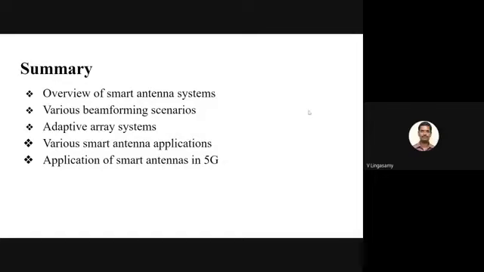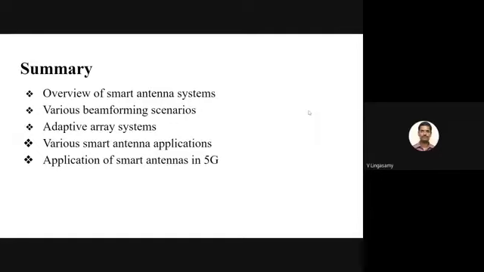So now, we started with the introduction of smart antennas, then various smart antenna systems, and we have seen traditional cellular systems, and then beamforming networks, and then we saw the switched beam, adaptive beam, and the SDMA based approach, and how we are achieving this adaptive beamforming with the help of a planar array, and how we use this smart antenna technology in various use cases like 5G and also the biomedical and various other applications.